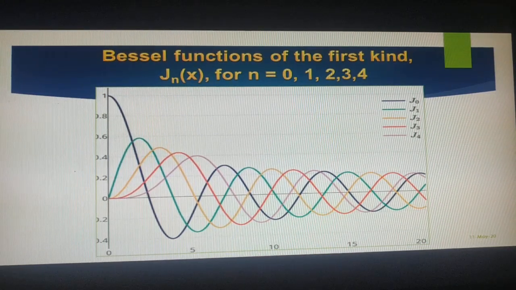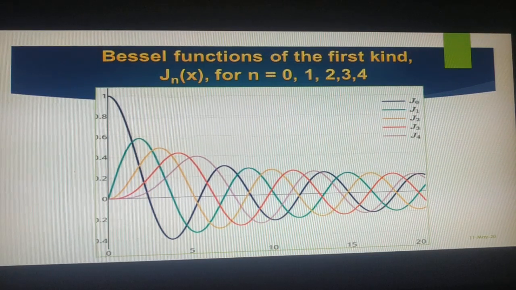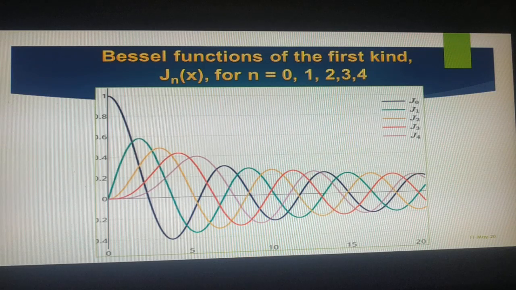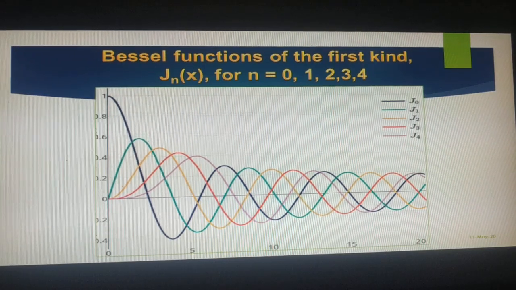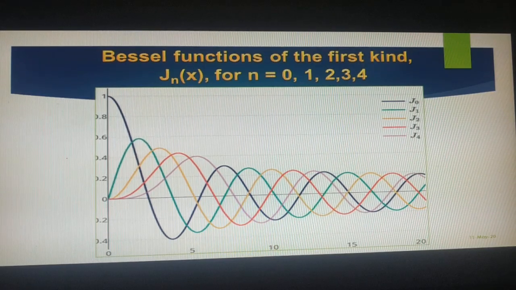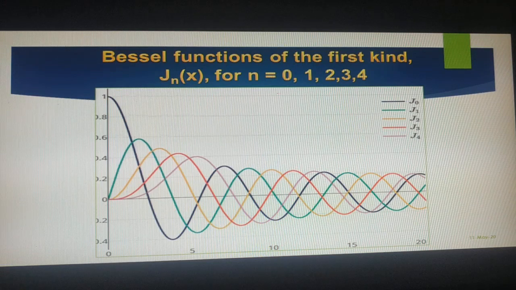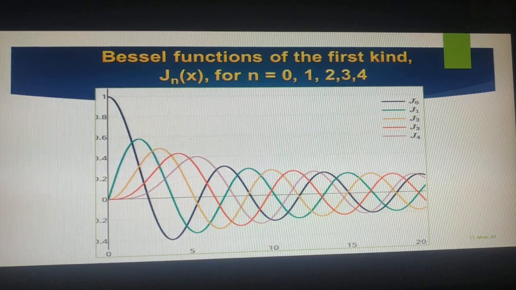I am showing this to understand in a better way how Bessel solutions are represented graphically. It's not part of our syllabus, but it is better to understand this. That is the reason we are planning to find J0 of x, J1 of x, and sometimes J of x and J minus of x.